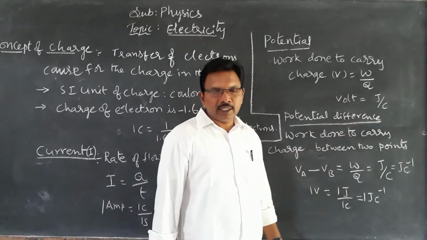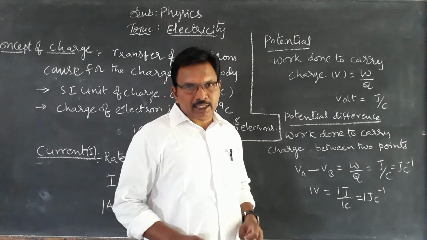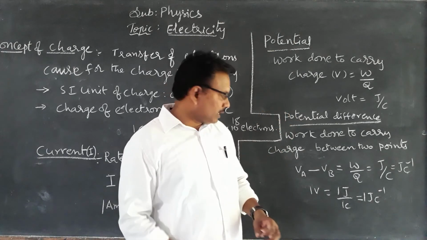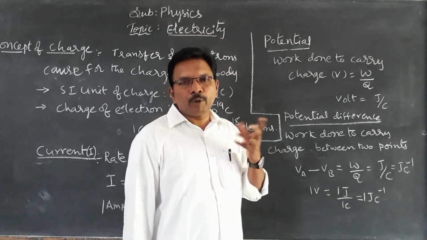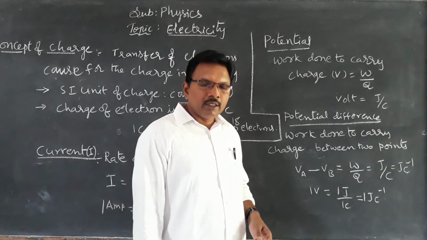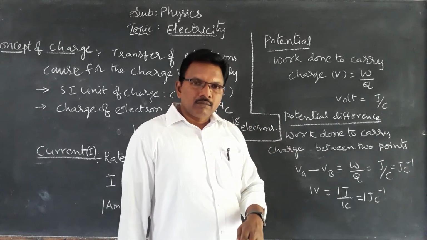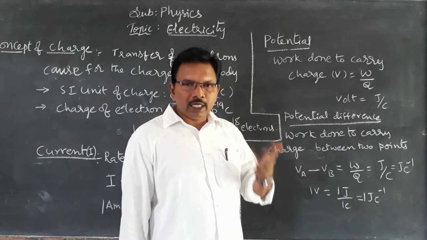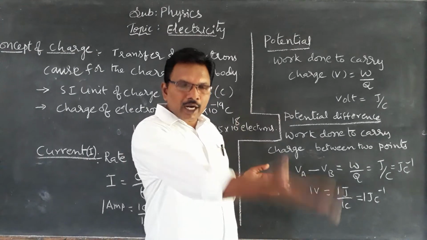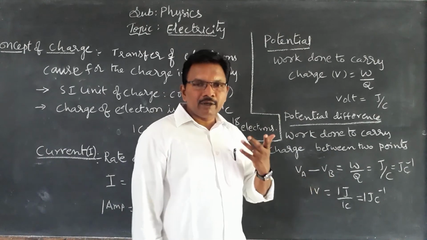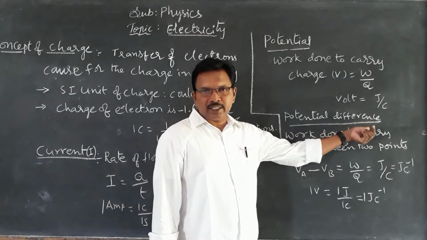Similarly, potential difference has the same meaning. Potential difference is the work done to carry charge between two places, A to B. If you take two points in the conductor, point A and point B, then the energy required to carry charge from one point to another is called potential difference.